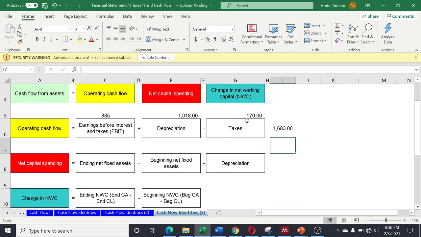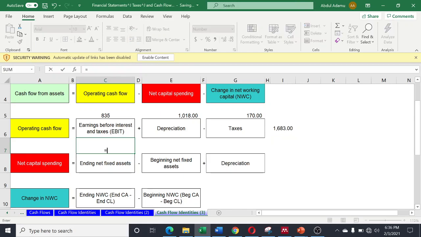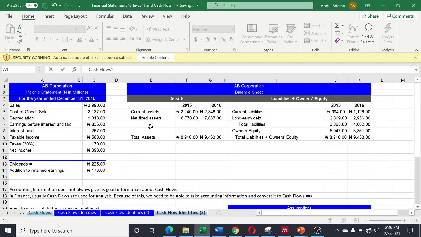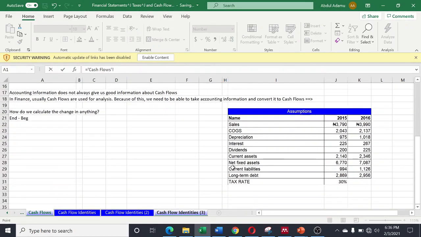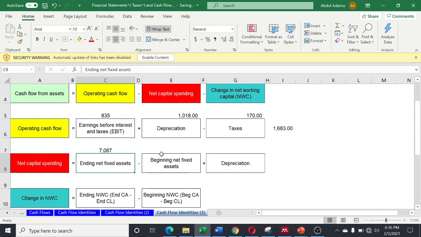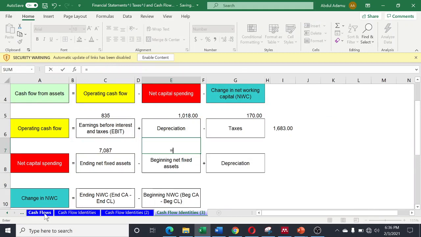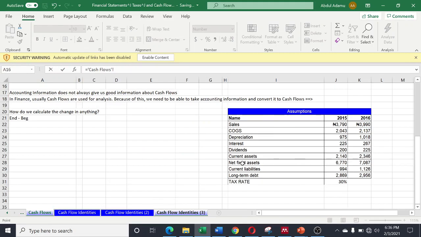Now the next thing, we will calculate our net capital spending. Ending net fixed asset, that is our net fixed asset in 2016. So our net fixed asset in 2016 is this value, minus beginning, which is the one for 2015, which is this.